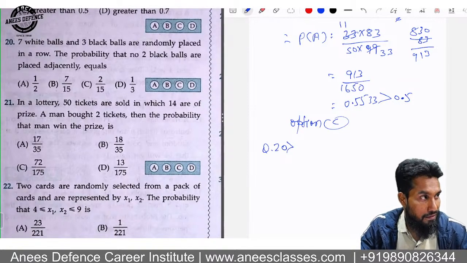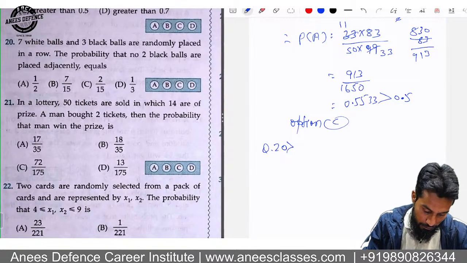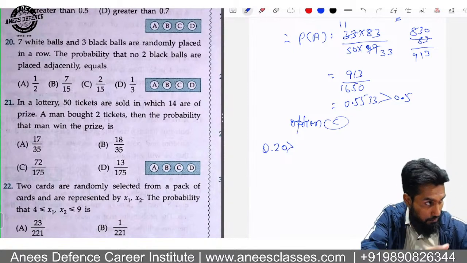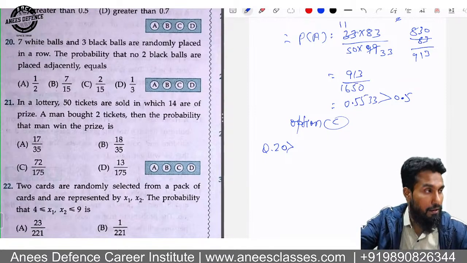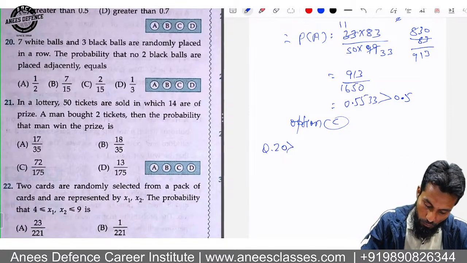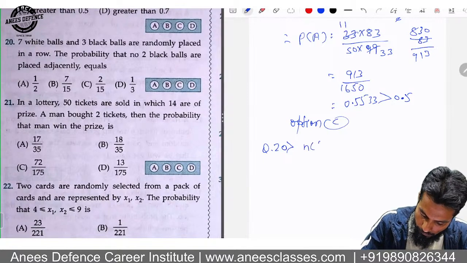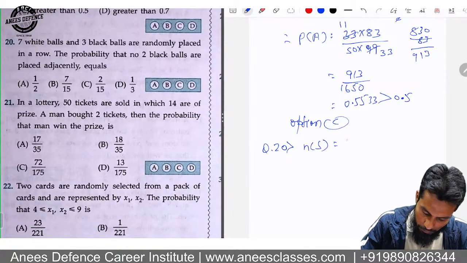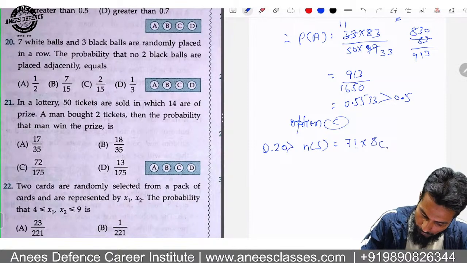Multiply it with how many places are there? 8, so 8C3. First you select the places and then multiply with 3 factorial, because you can arrange the balls in those 3 places also. So total favourable arrangements we are finding first: 7 factorial multiplied by 8C3 into 3 factorial.